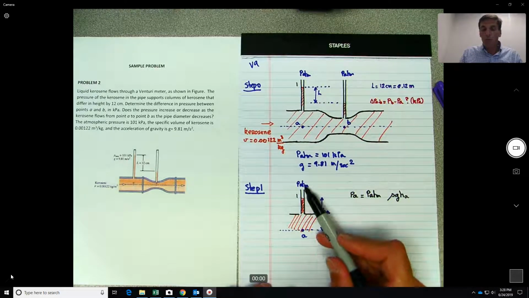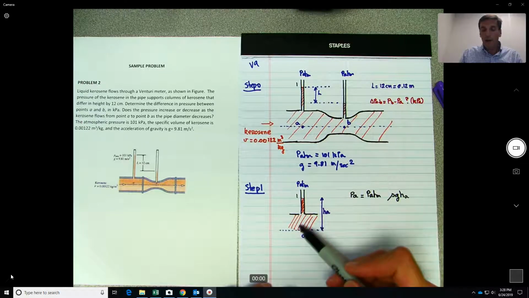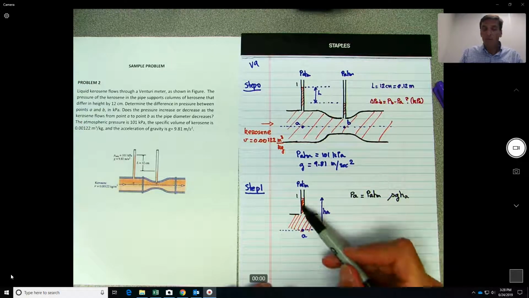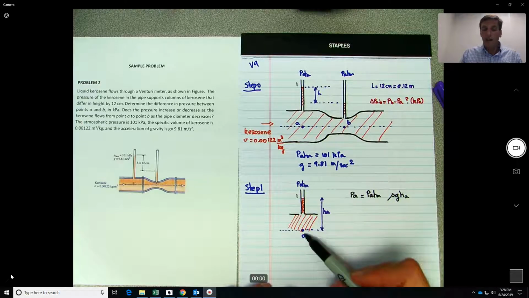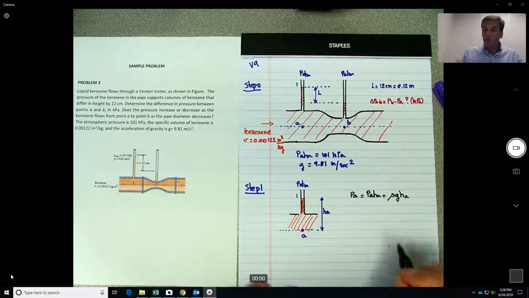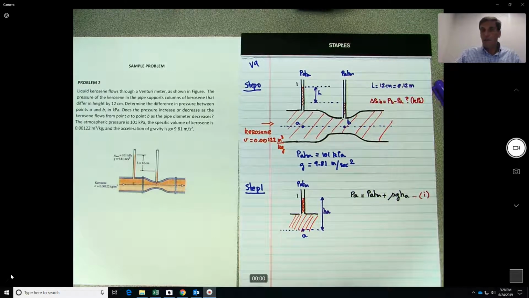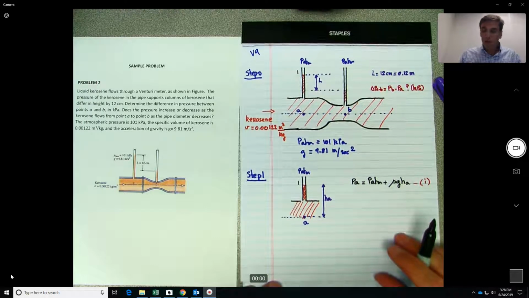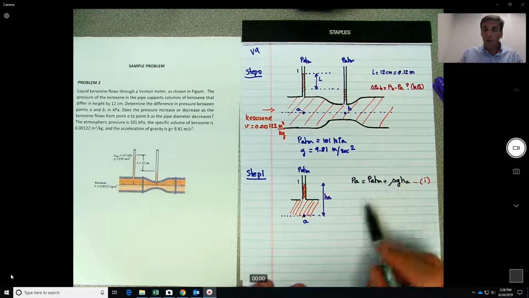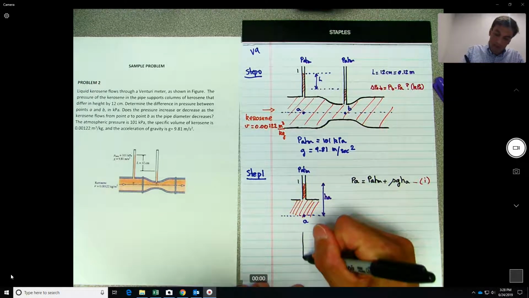So here would be P atmosphere, and then on top of A you're going to have all the pressure created by all this fluid on top of it, because this has some weight, okay, that is acting upon point A. So it should be plus rho GH, and let's say this will be expression little Latin 1. Okay, so you see one figure, one equation. Now let's see what would be point B. We can do similar, but now for this type of the figure. So let's say I do this.